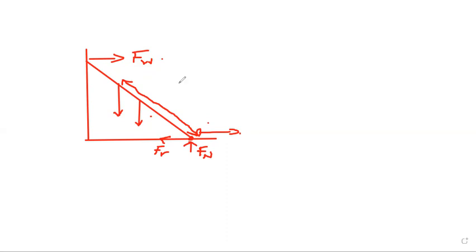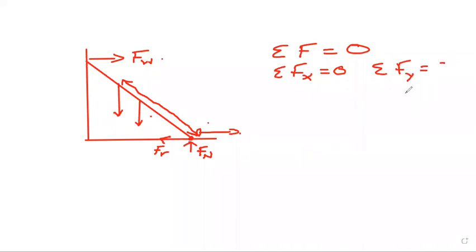Okay, we're saying that questions here could be solved using two conditions. The first condition is that the sum of the forces should be equal to 0. So forces in the X should be 0, and also forces in the Y should be equal to 0. This is the first condition.